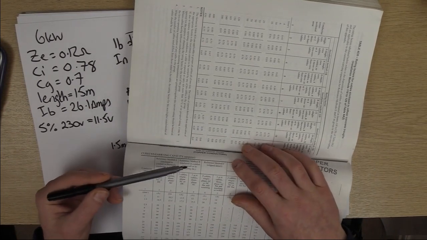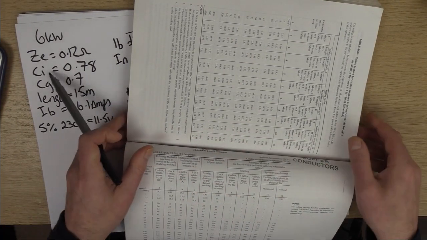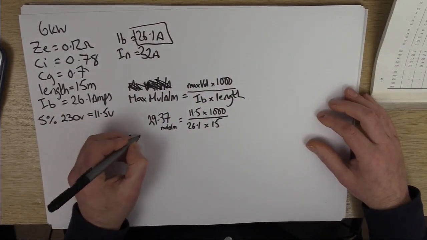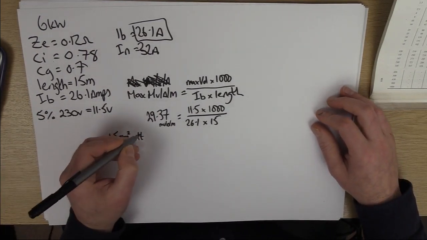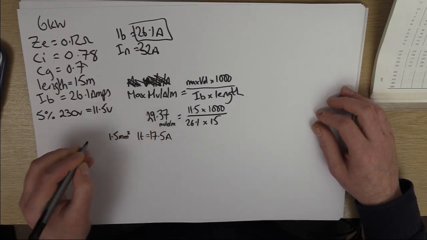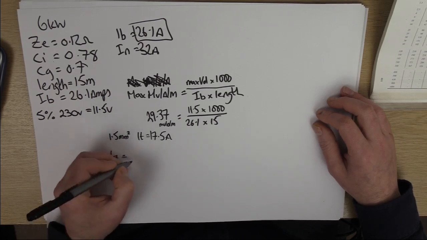So reference method B, single phase, 1.5. We've got an IT of 17.5, which is already less than our design current, so we know this isn't going to work. 17.5 amps. Then check.